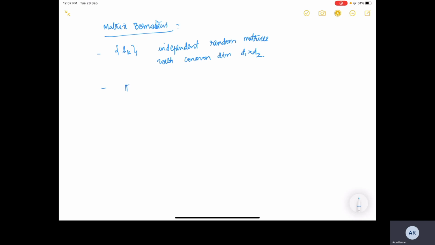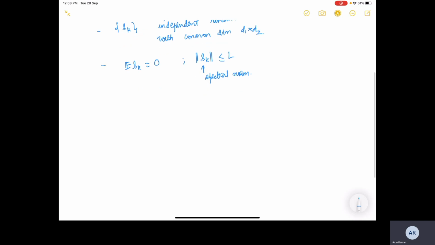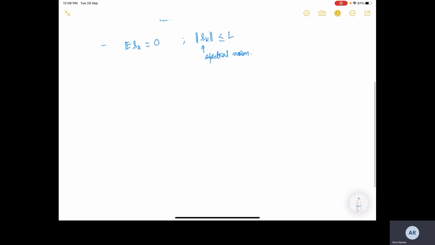The second consideration is that they are all zero mean and all of them are bounded. When we say bounded, this denotes the spectral norm. For the matrix notation we use this to denote the spectral norm.